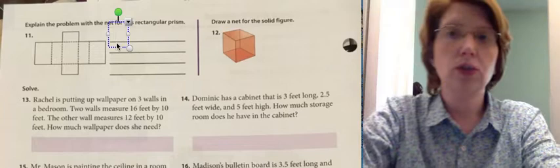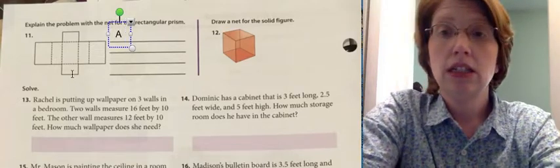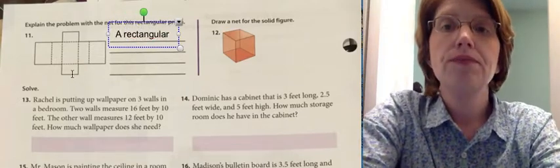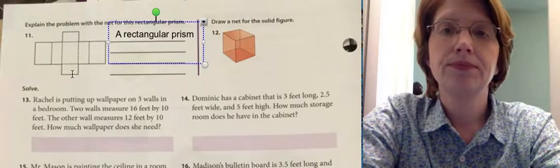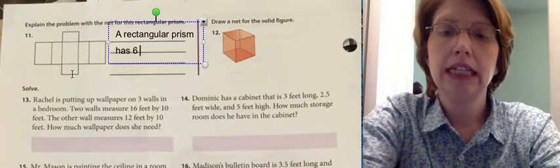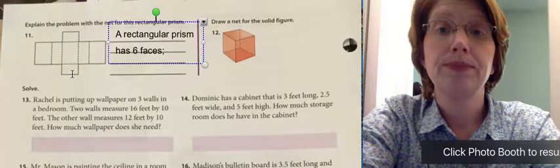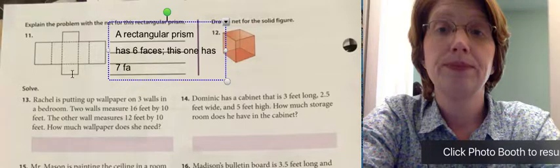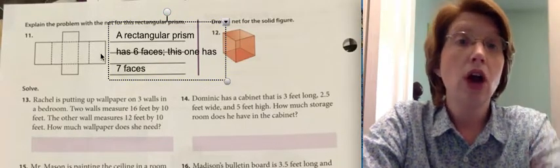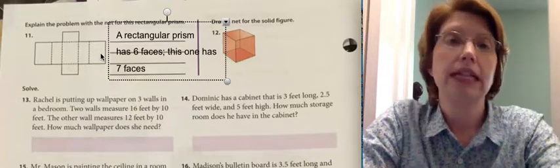A rectangular prism has 6 faces. So we can write that. A rectangular prism has 6 faces. This one has what? This one has 7. So it's not right because it has too many faces.